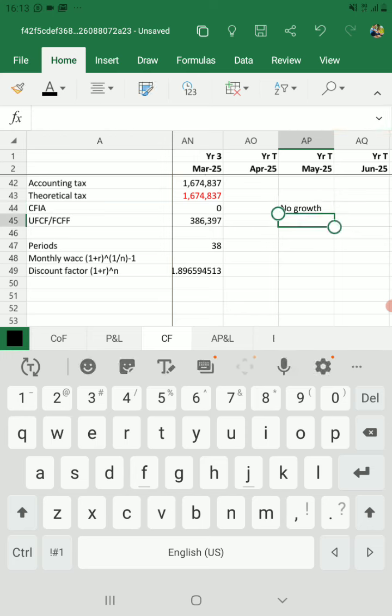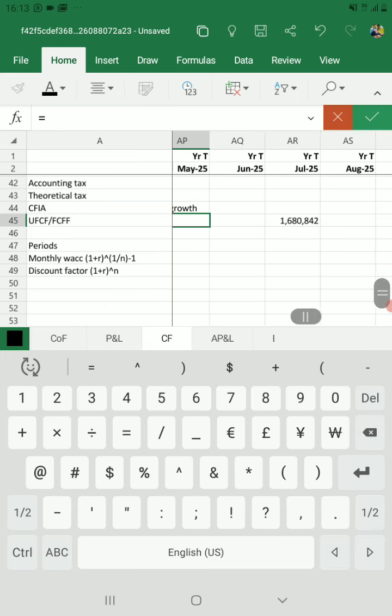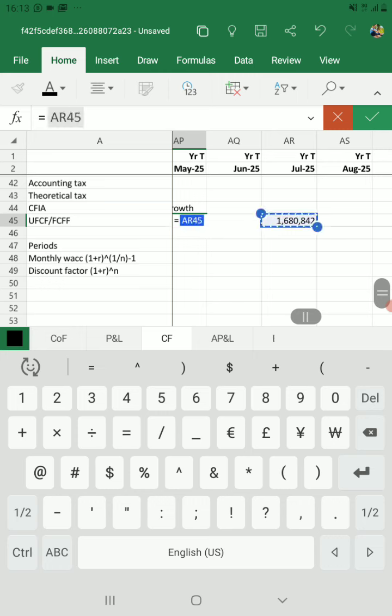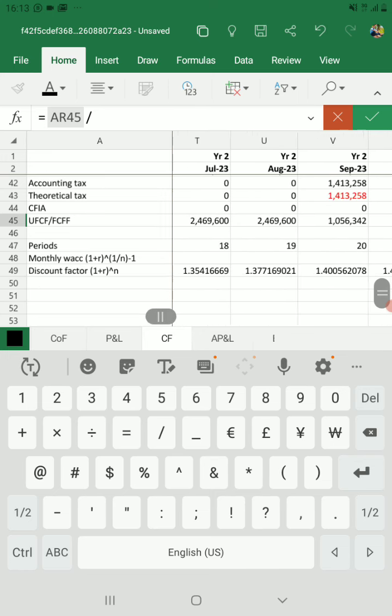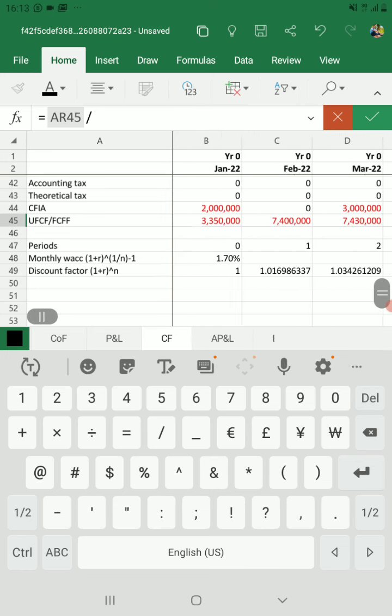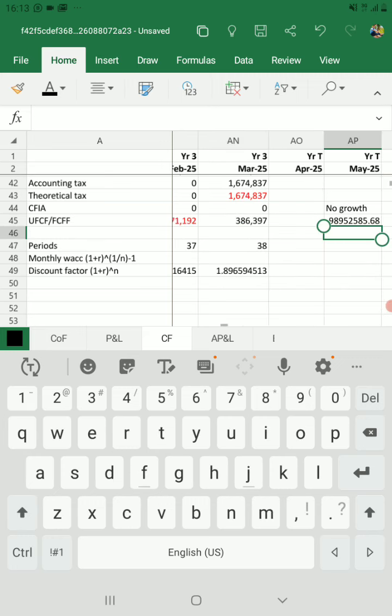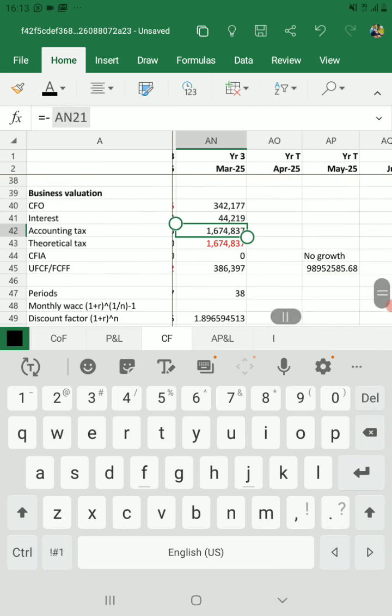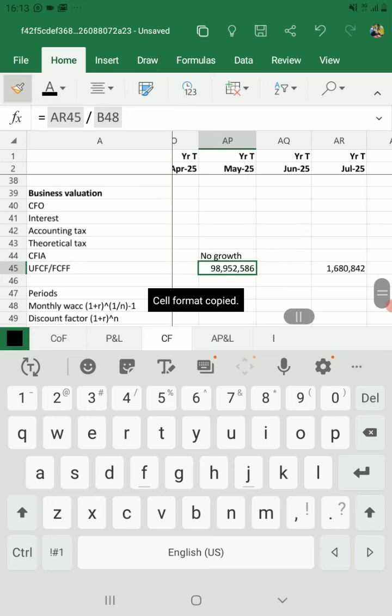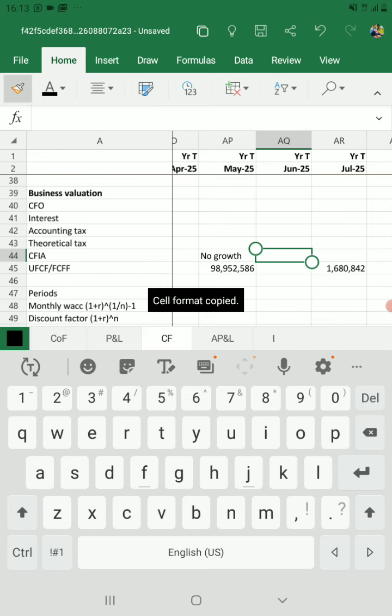So in this case, you simply take equals sign, pick this figure, and then divide it by the cost of capital, and in this case, our monthly rate is this one. So let me copy this format here to apply here. So that is our figure with no growth.